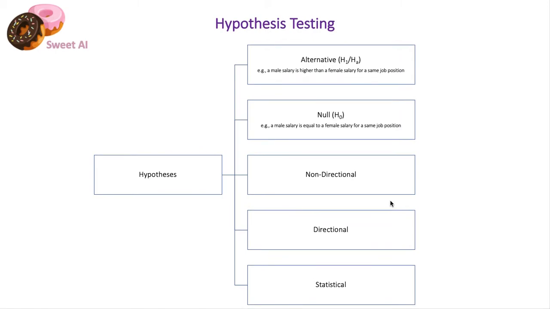The non-directional one says there is a relationship between two variables but it has no direction, which means we do not recognize whether variable A is affecting B or B is affecting A. For the directional, we know there is a relation, and for example, we know A is impacting B. And statistical is a hypothesis that can be verified to be plausible using statistics.